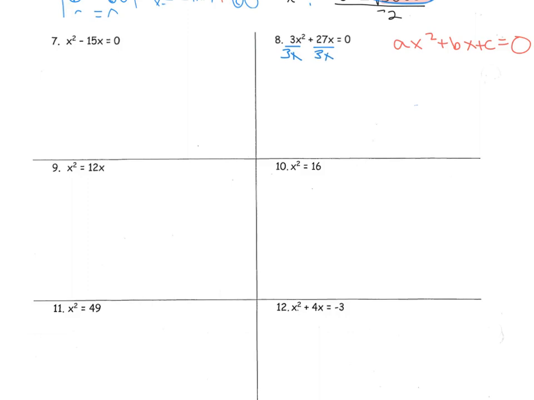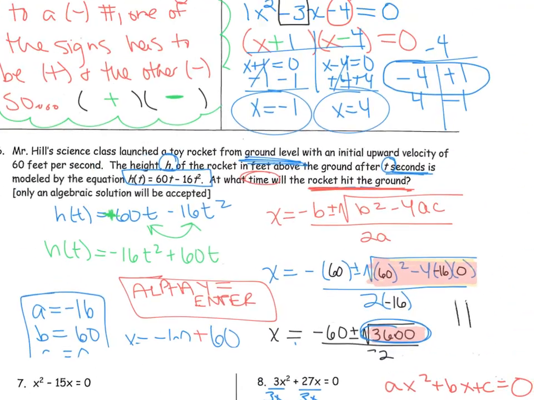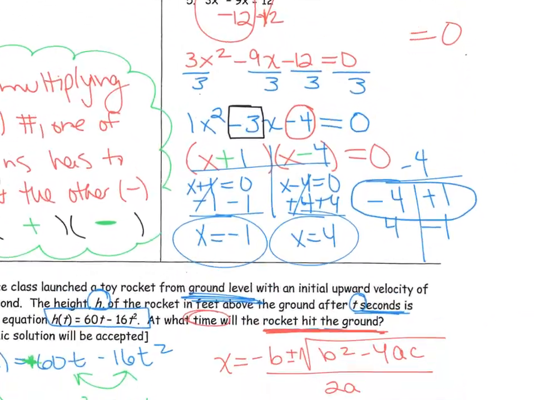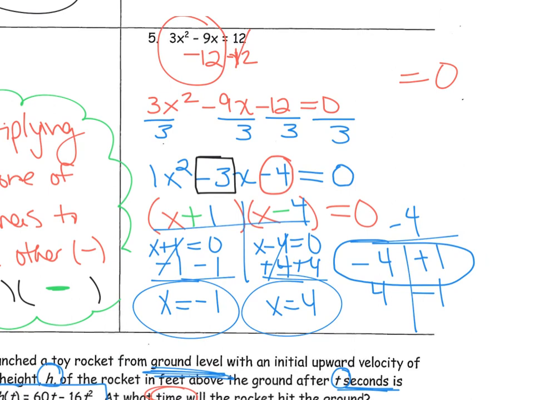Now, the difference between question 8, and if I go back to question 5 here, do you remember how I said here, it's okay to divide everything out by 3? We divided everything out by 3, that GCF.